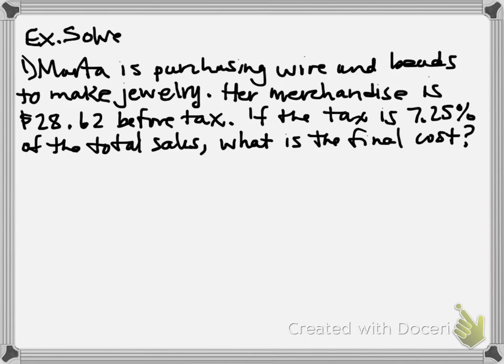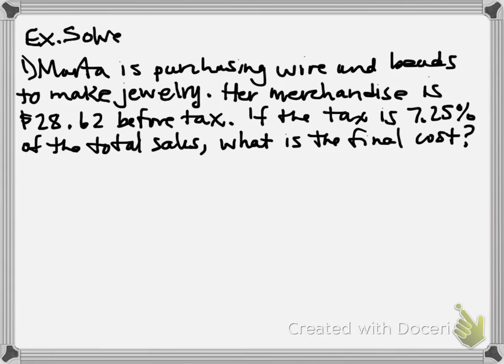Okay, so what we can say for our solving is we want to figure out the final cost, but in order to find out the final cost, what are we actually solving for in this problem? What do we need to find out in order to figure out the final cost? Tax rate? No, we got that. They told us it's 7.25%. Sales tax. We got to calculate the sales tax. Okay?